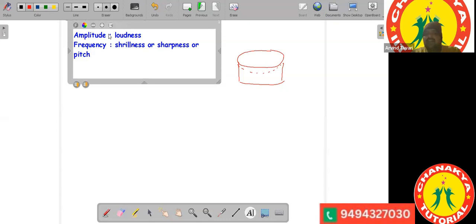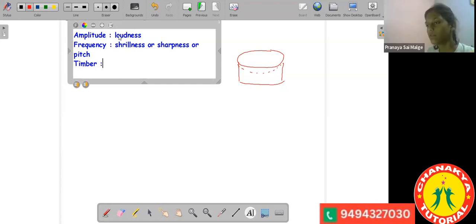Now there is another thing, the timbre of sound. Can you tell what you mean by timbre? Like the thing which allows you to find the difference between voices.